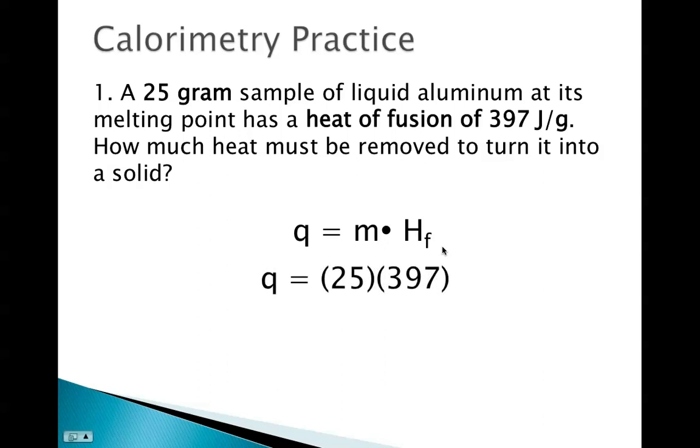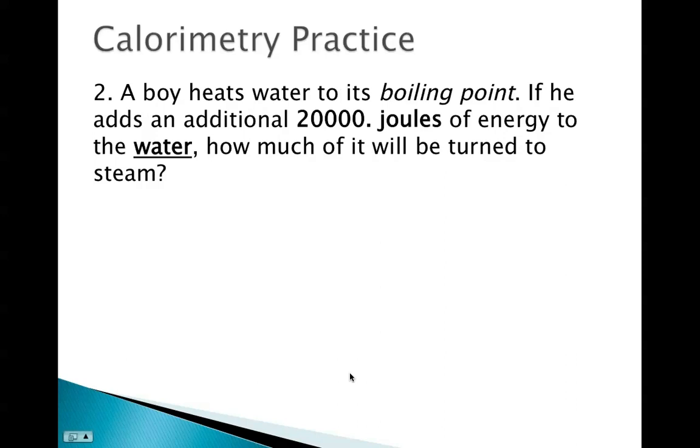It's already rearranged, so you wouldn't need to do that in this example. We have 25 times 397, which leaves us with 9,925 joules. Now, if we were doing this according to sig figs, honor students, you might want to be aware of this. This would round to 2 sig figs, so this would be 9,900 joules.